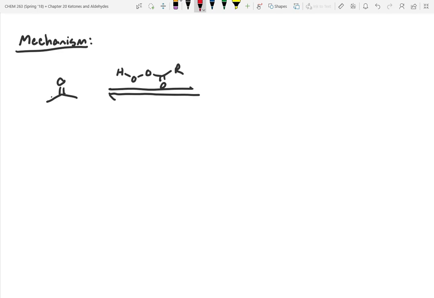And in the first step, the oxygen furthest away from the carbonyl is going to attack in and kick up electrons. And you end up with this highly charged intermediate.